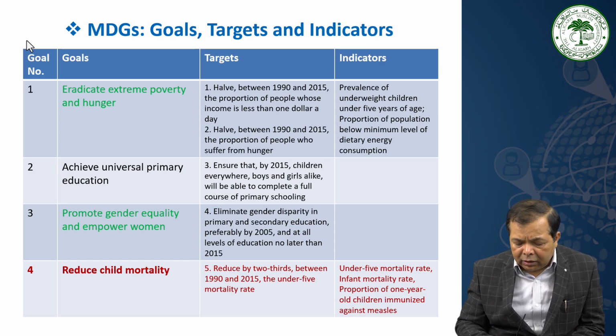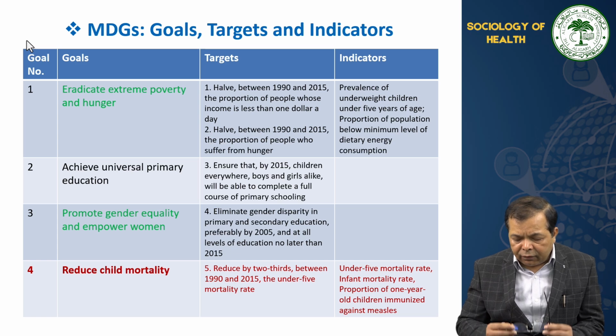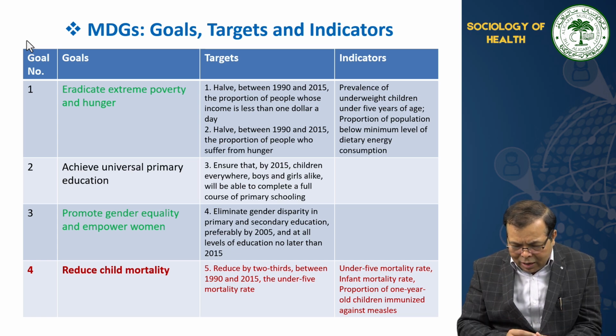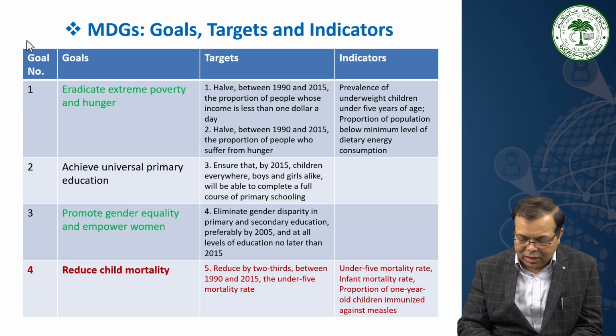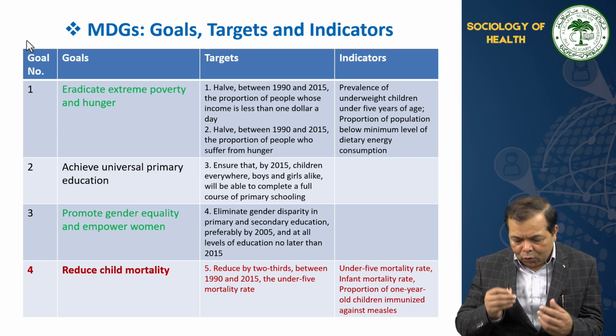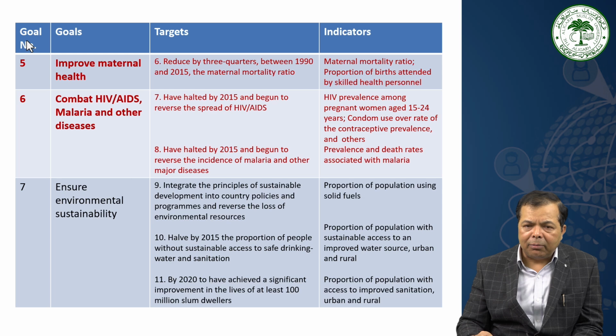And then the indicators for this particular target and goal are under 5 mortality rate, infant mortality rate, proportion of 1-year-old children immunized against measles, right? So these are related to mortality and then vaccination, very objectively identifiable indicators as well as target.